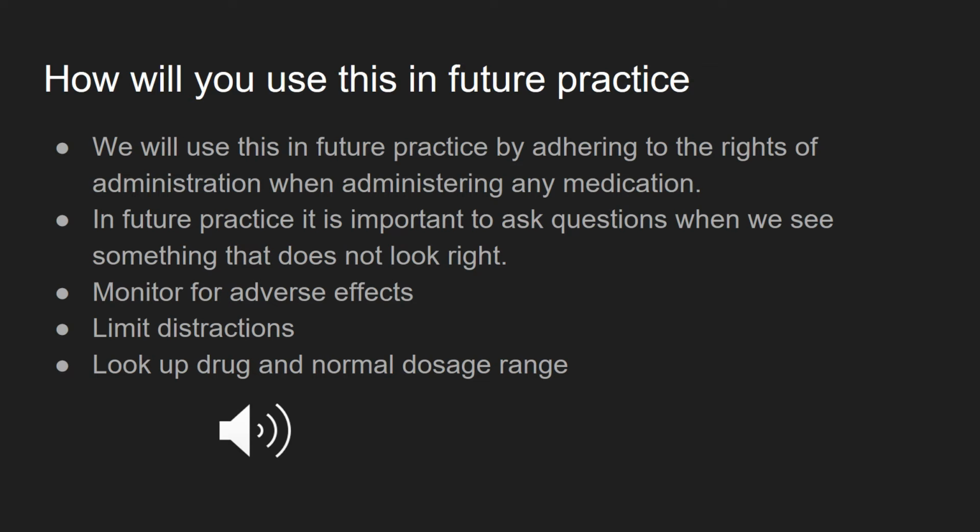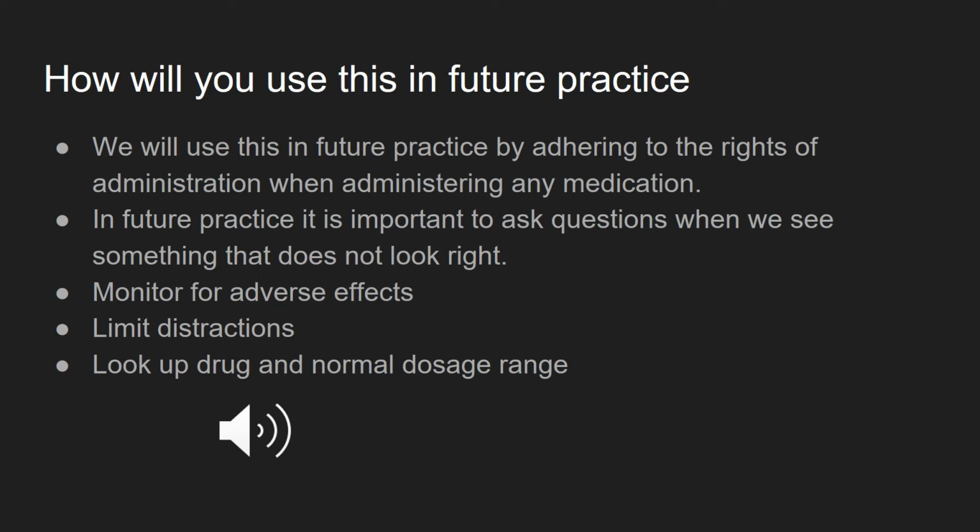In future practice, we will ask questions even when something looks off, like the nurse didn't do. The nurse that administered the medication just administered it without second guessing or double checking. She should have used her critical thinking to notice that something was off with the dosing.